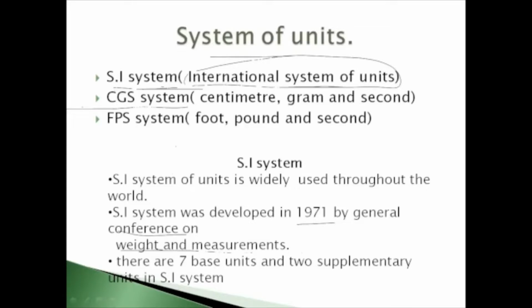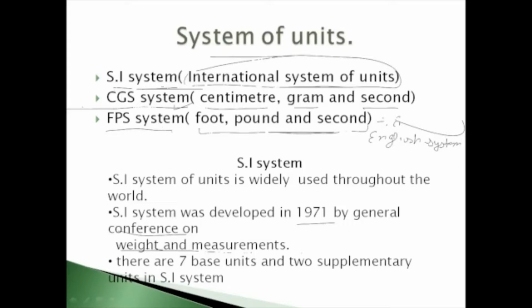And in this system, we have 7 base units and 2 supplementary units. The second system is the CGS system, which uses centimeter for length, gram for mass, and second for time. Similarly, the FPS system, which is also known as the foot pound second system, is the English system.